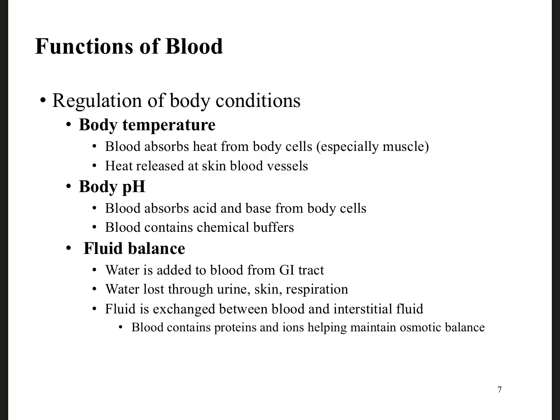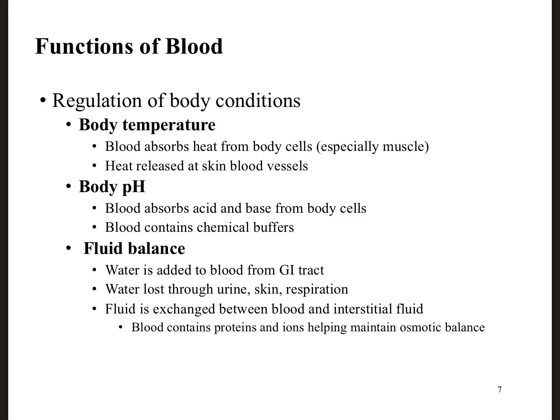Your face gets flushed. You might have kind of cold sweats. That's because your body recognizes my body temperature is high. I need to open the blood vessels and remove heat from the internal out to the outside. Just like when you're running around sweating, right? Flush, sweat, move, dissipate heat. That is regulation of body temperature, and the blood is part of that, okay?